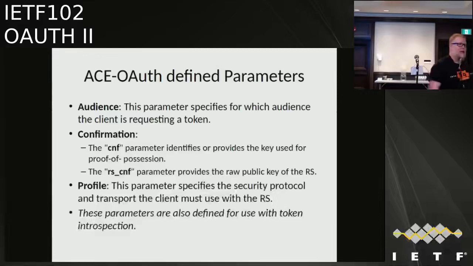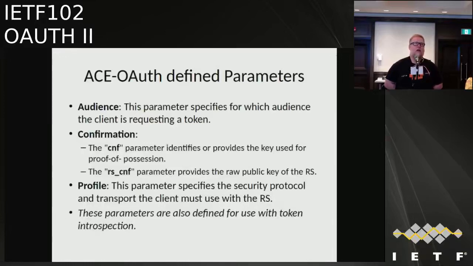And John, since that parameter has been defined in the ACE working group, which is defined for both HTTP as well as CoAP as a parameter, do you see that as a problem? Yeah, basically you can't generically use that because the parameter already exists for the token endpoint in some of the authentication methods at the token endpoint.